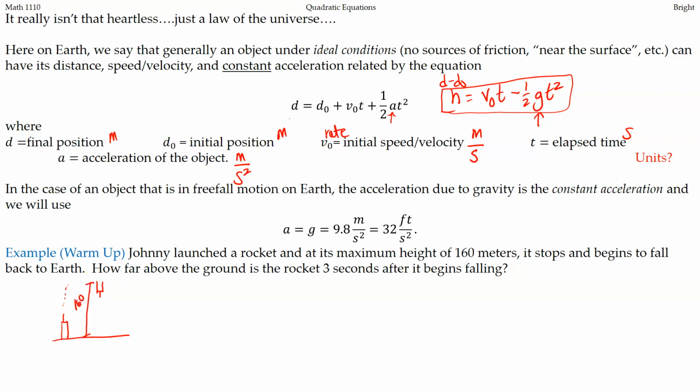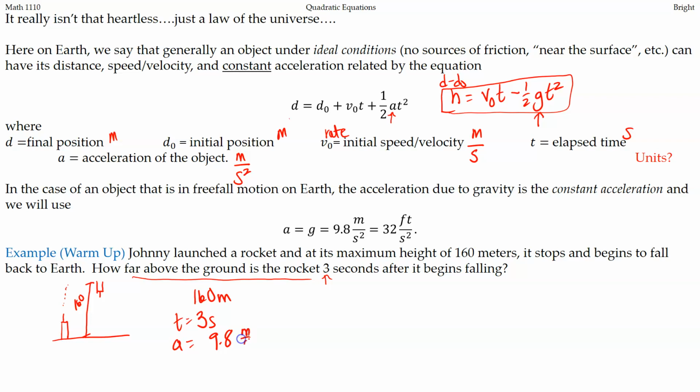Then it begins falling, and we want to know how far above the ground the rocket is 3 seconds after it begins falling. So what do I know? I know that it is 160 meters. I know there's 3 seconds, which I can clearly identify as time, and I know that acceleration is, since I'm in meters and seconds, going to be the 9.8 number.